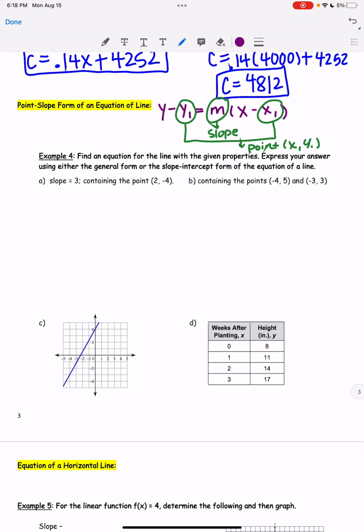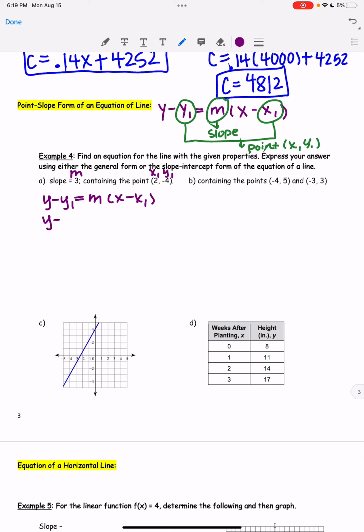Okay, so A, we have a slope of 3, so that's our m, containing points 2 and negative 4, so that's our x1 and our y1. So I'm going to rewrite this formula because I know the more times I write it, the better I am at memorizing it. So I have y minus y1 equals m times x minus x1.